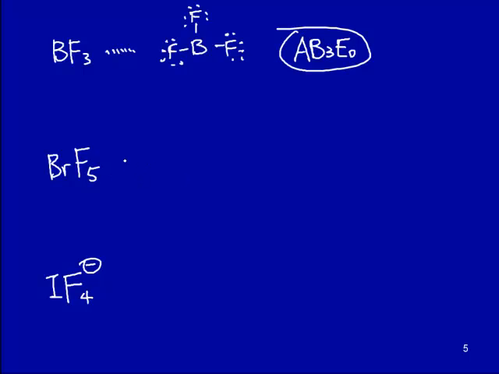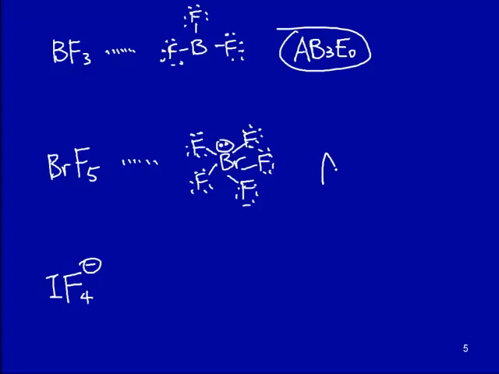So BrF5, long story short, this one will have Br with 1, 2, 3, 4, 5 fluorines. As you can see, it's got a lone pair left. Each fluorine will need 6 more electrons to hit the octet.